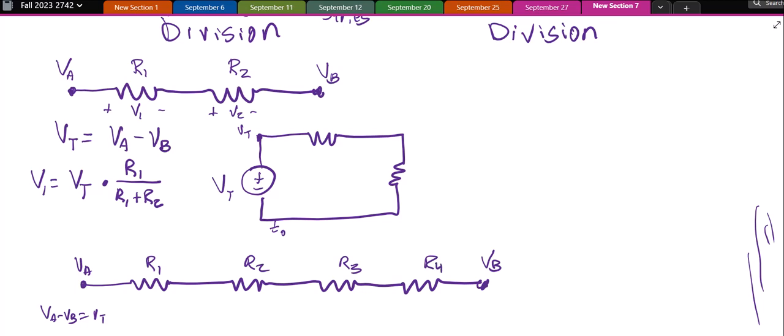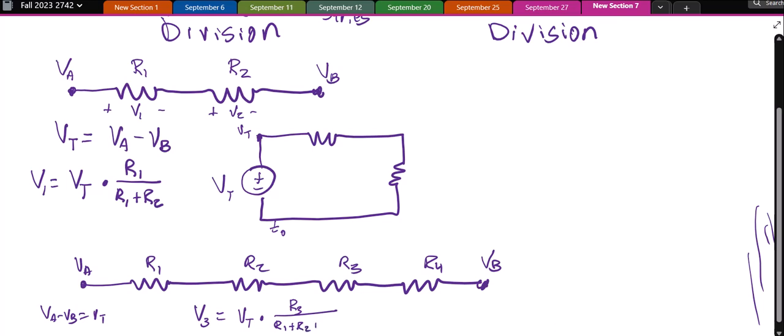If I want to find the voltage across, say, R3, then V3 is going to equal V total times R3 over R1 plus R2 plus R3 plus R4. So it's the single resistor over the sum of all of the resistors.